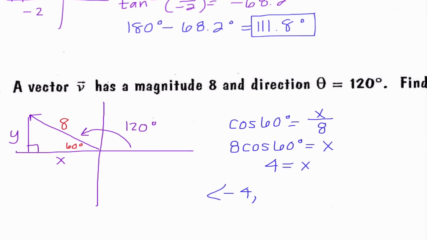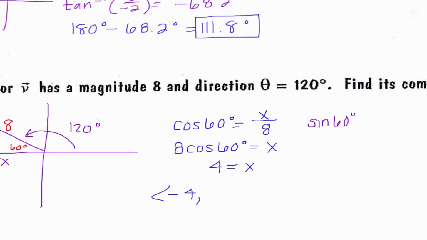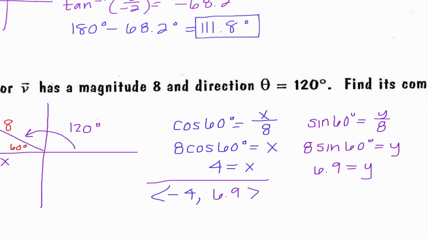To find y, it looks like that's the opposite over the hypotenuse. So I'm going to do sine of 60 equals y over 8. So I get 8 times the sine of 60 equals the y value. And when I put that into my calculator, I get 6.9 equals y. And that value makes sense to me because it does appear like it is going up.